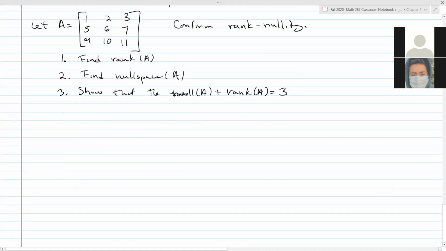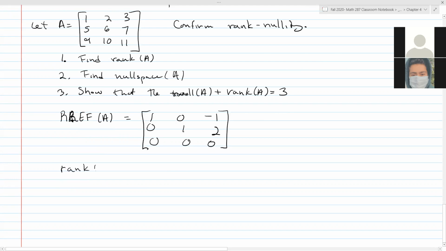All right. So the RREF of A, or the REF of A, excuse me. Actually, I'm going to take the RREF of A. There it is. The RREF of A is equal to 1, 0, -1, 0, 1, 2, and 0, 0, 0. So the rank of A equals 2.